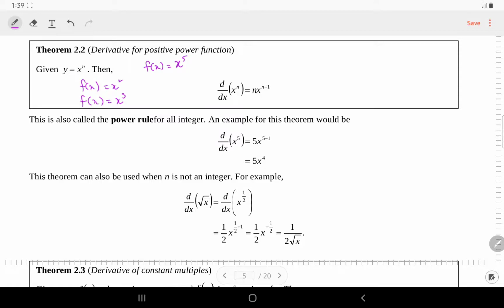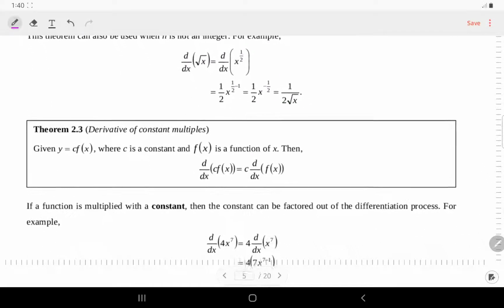Okay, x power of positive number, no matter that positive number is fraction or decimals, as long as it is positive, so we can use this theorem. So for differentiate x power of 1/2, so we use the same concept, 1/2 bawa ke depan, and then 1/2 minus with 1. Okay, so we'll get 1 over 2 x power of negative 1 over 2, so it will become this one.